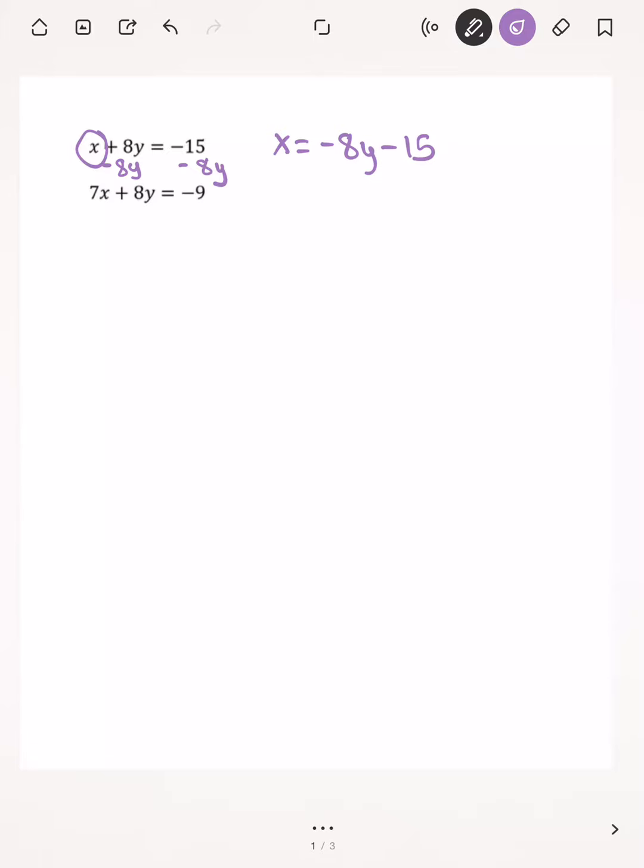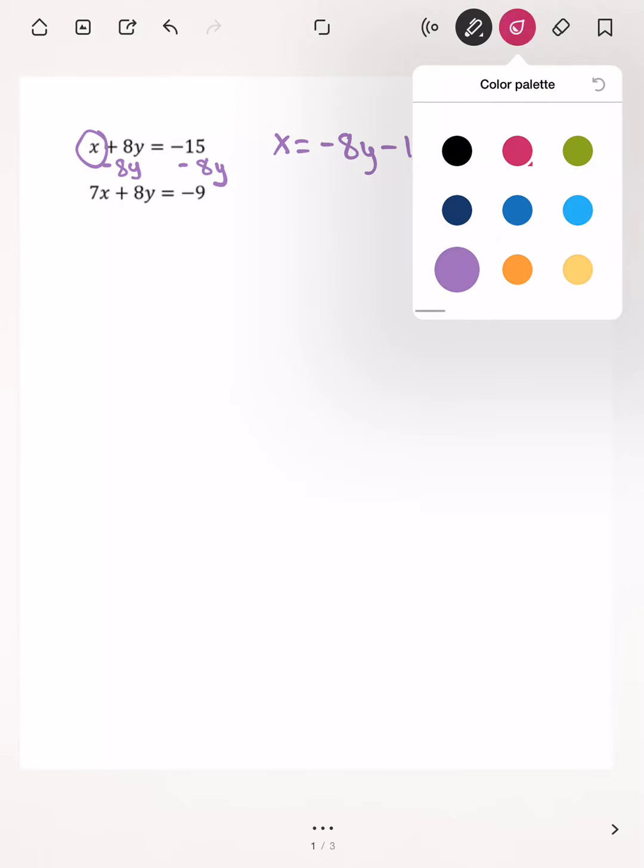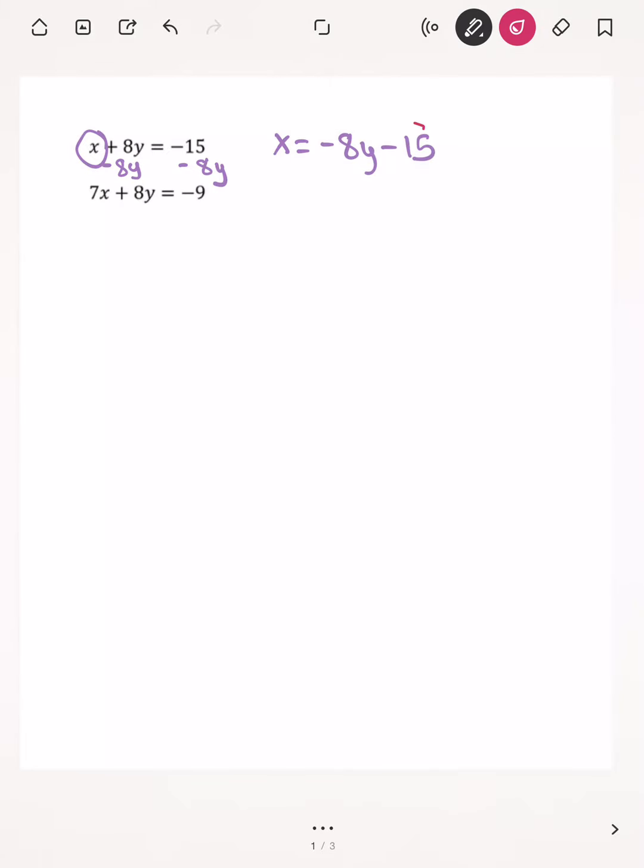Now that I have one variable solved for, I'm going to substitute it in. I'm going to take this negative 8y minus 15 and plug it in for this x value, because it says x equals.